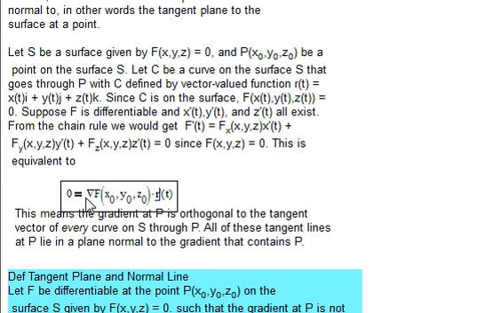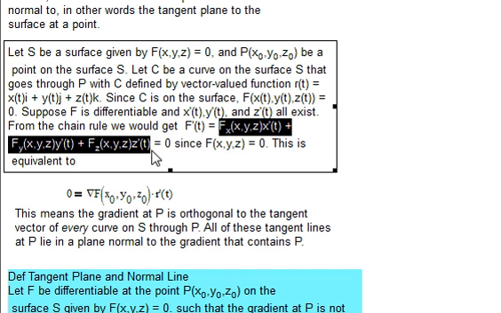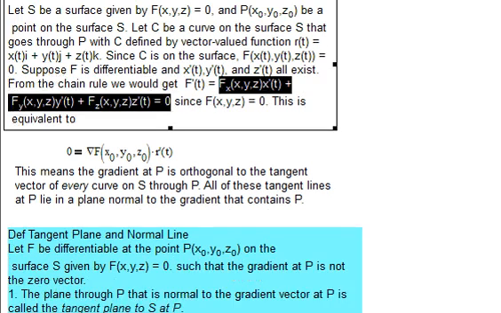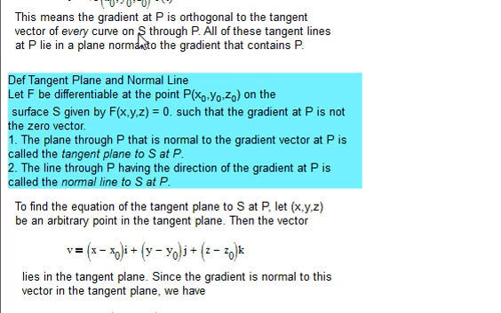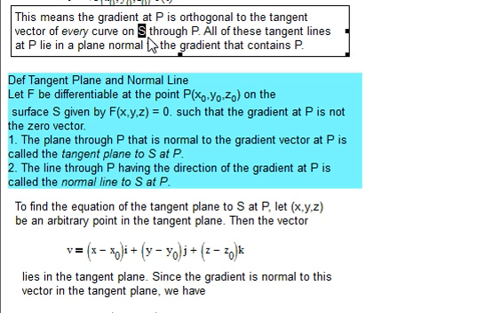When you dot this with r'(t), that gives us this lovely expression right here, and it equals 0. So that means the gradient at P is orthogonal to the tangent vector of every curve on S that goes through P.